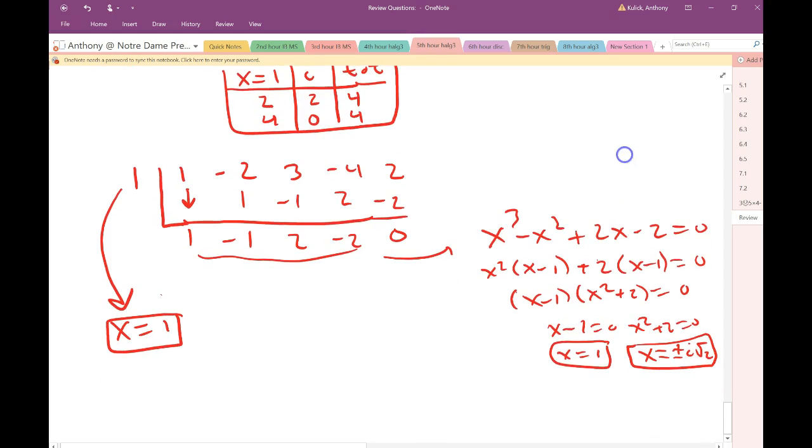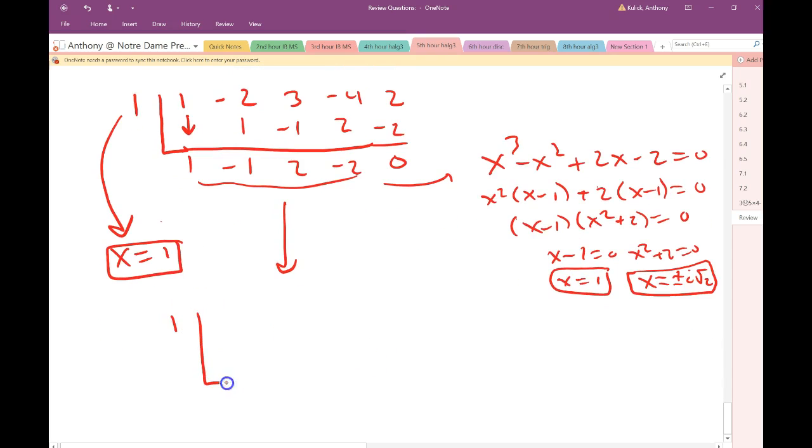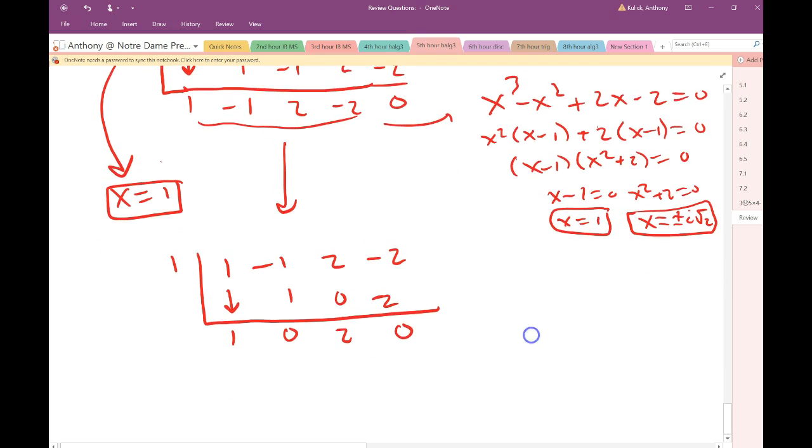So that's all 4. Now, had you missed that, you'd say, okay, well, let's do synthetic division again. The only thing I have to use is 1. It should work again. It did. So that tells me x equals 1 is a solution.